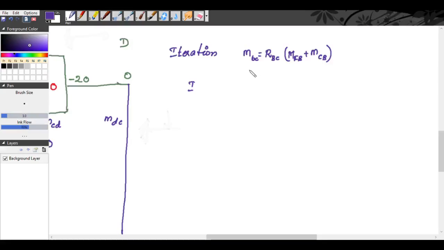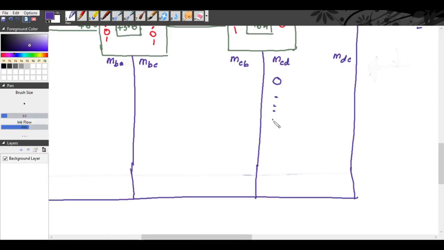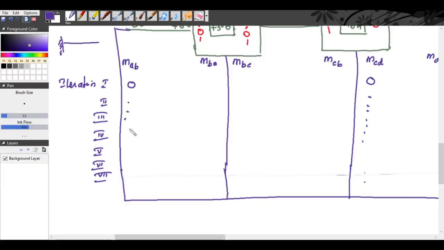Similarly, we have to find MBA. Everywhere else it will be 0. Now, only three components are there: MBC, MCB and MBA. So we will find MBC, MBA and then we will find MCB.